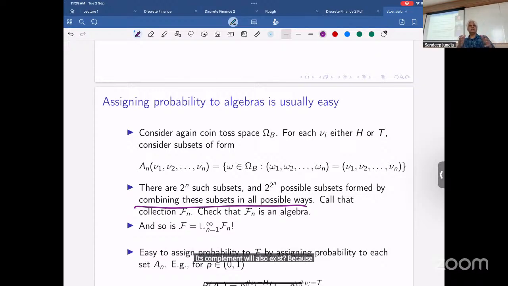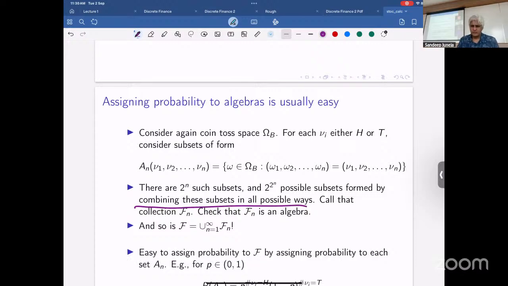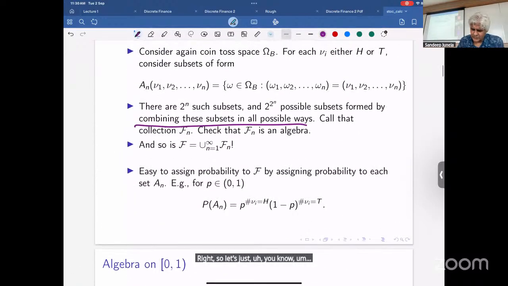Because any set in this power set is a union of these atoms AN. So if you have these atoms, then what you don't have are also some atoms, and that's some other set. Let me see. Do I want to do this right now? I can.